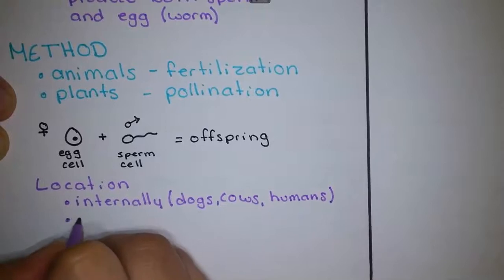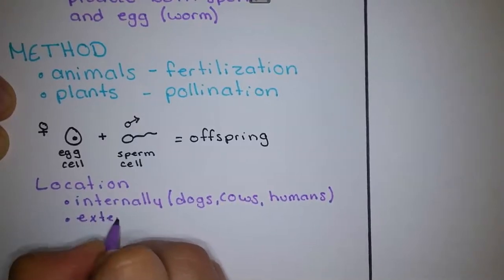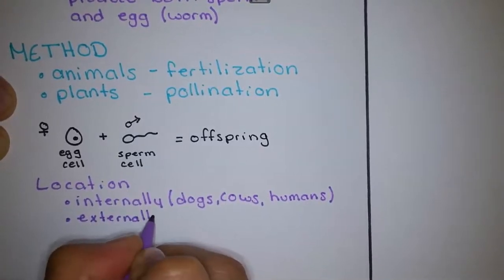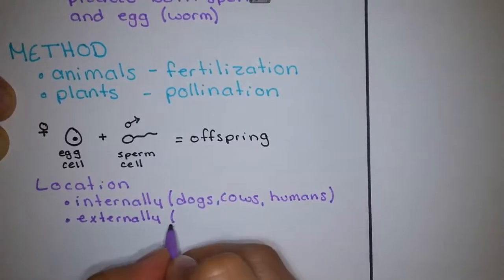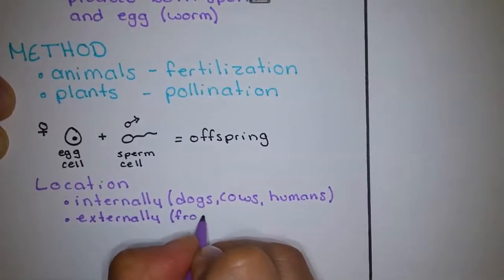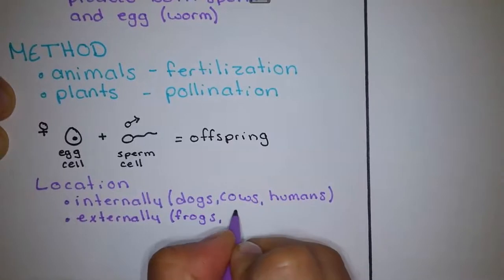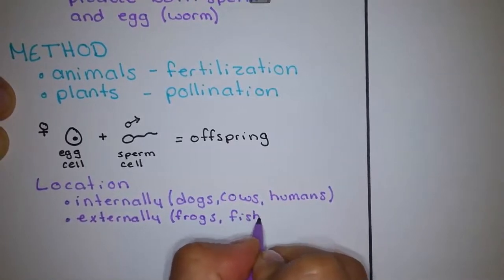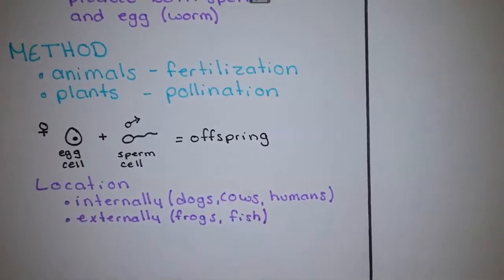And if it happens externally, those examples are frogs and fish. Okay, so fish do not carry their offspring. They produce eggs that are fertilized, and then they're left there to sit until they're ready to be born.